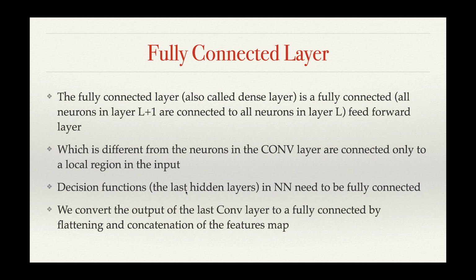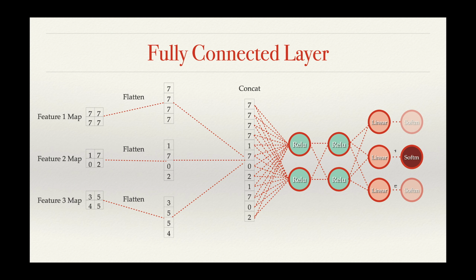That's why we need to convert the last convolutional layer to fully connected by flattening and also concatenating the feature maps. What is the meaning of that? Let's assume we applied the convolution and pooling, which resulted in 3 new feature maps. Now we need to move to the final decision. First we flatten, which means we vectorize each matrix. So it will be 7, 7, 7, 7. We vectorize this one, it will be 1, 7, 0, 2, then 3, 5, 5, 4.